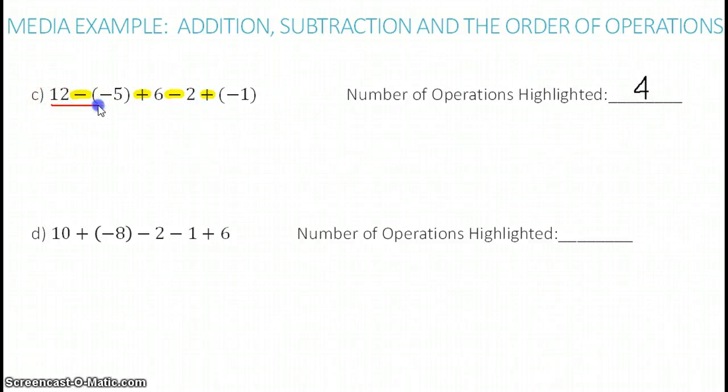So first we have 12 minus negative 5. Well, 12 minus negative 5 means to take away a negative 5 from 12, and we saw that this is equivalent to adding 5 to 12, so this is 17. Now let's copy the rest of the problem.